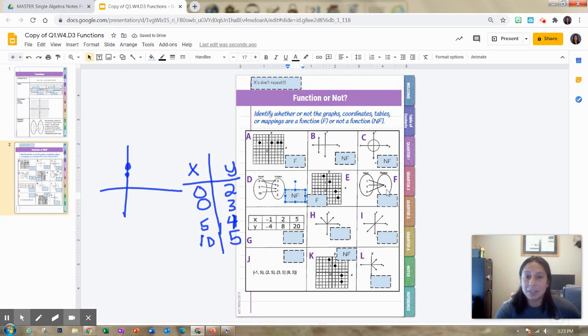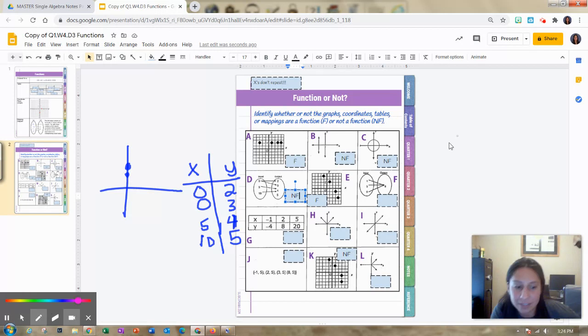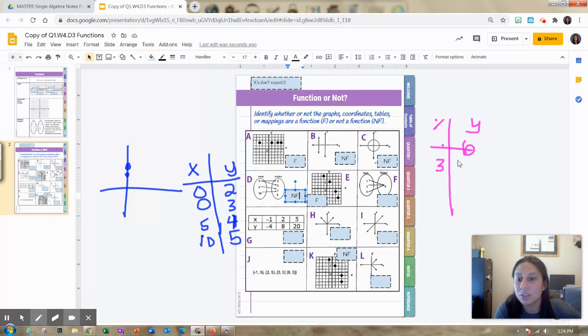Let's look at F. F is a little bit different because if you look at those numbers, 1 points to 6. Sorry, I couldn't see that, guys. X and Y. So 1 points to 6, but 3 also points to 6, and 5 points to 6.